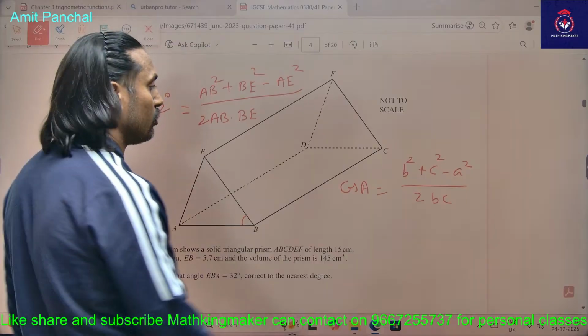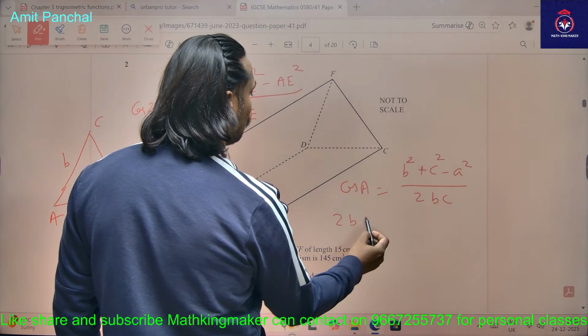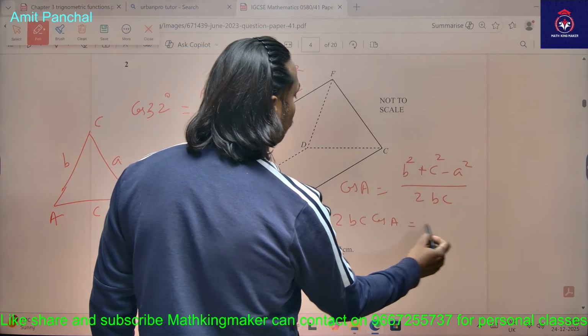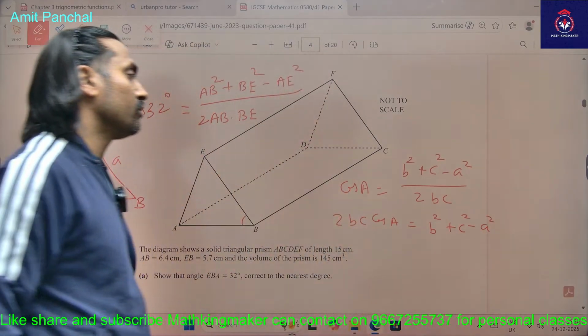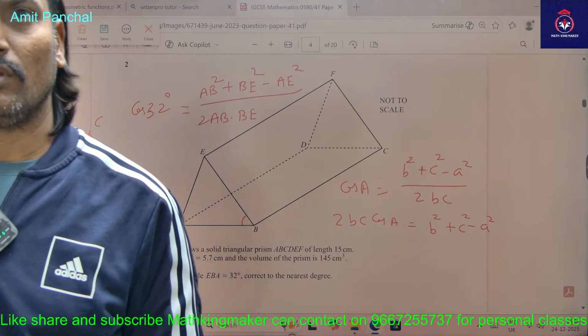In your book it may be written as 2BC cos A equal to B square plus C square minus A square.